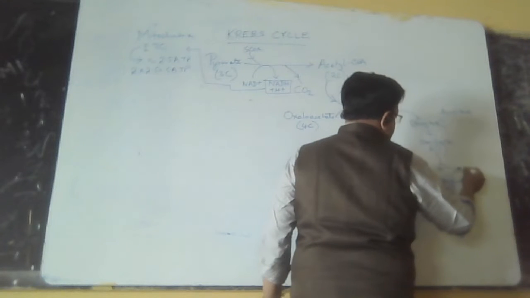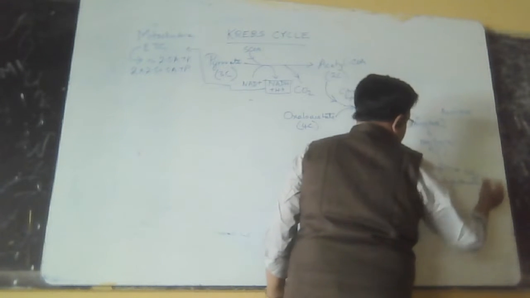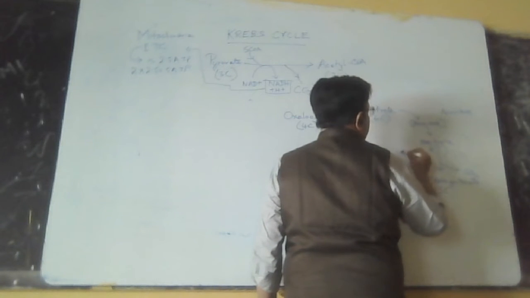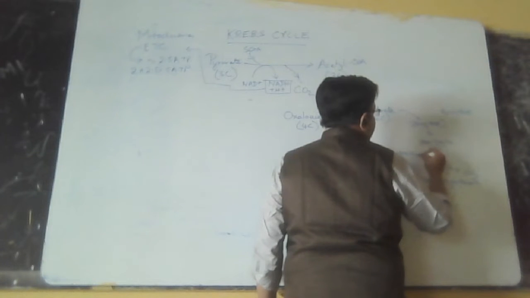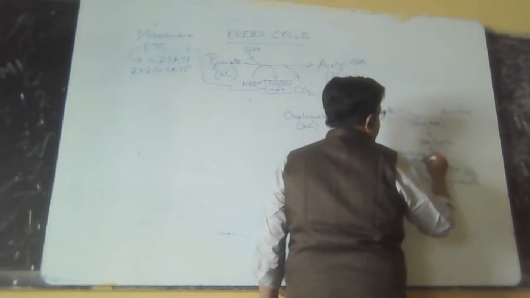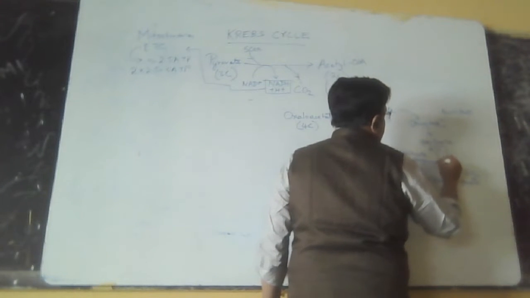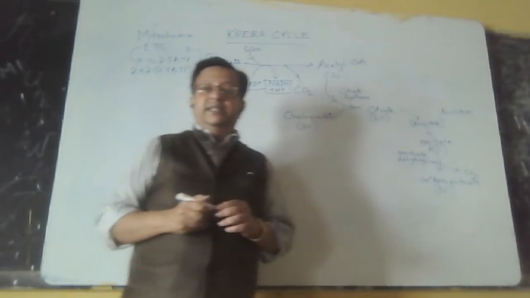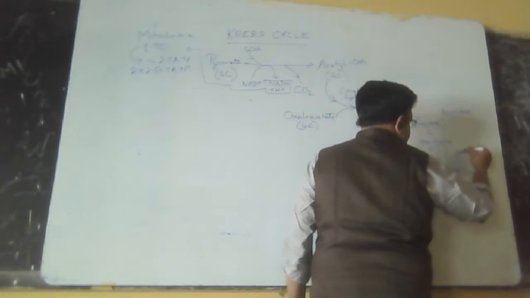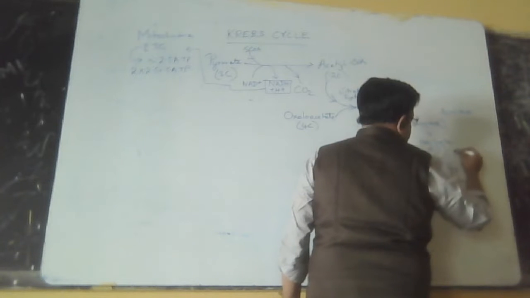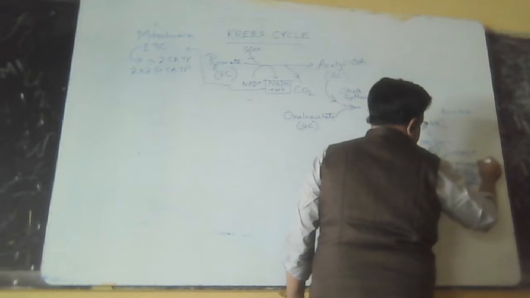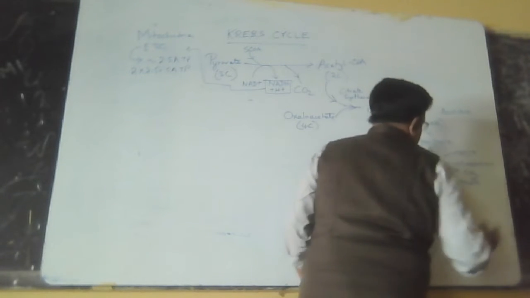It goes out in the form of CO2, and the enzyme is isocitrate dehydrogenase. So whenever there is a dehydrogenase, you can safely say that one NAD plus becomes NADH plus H plus.